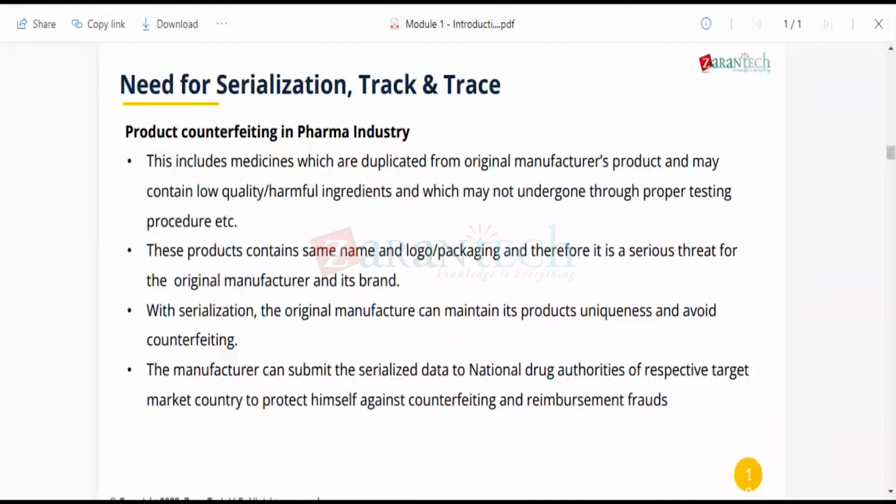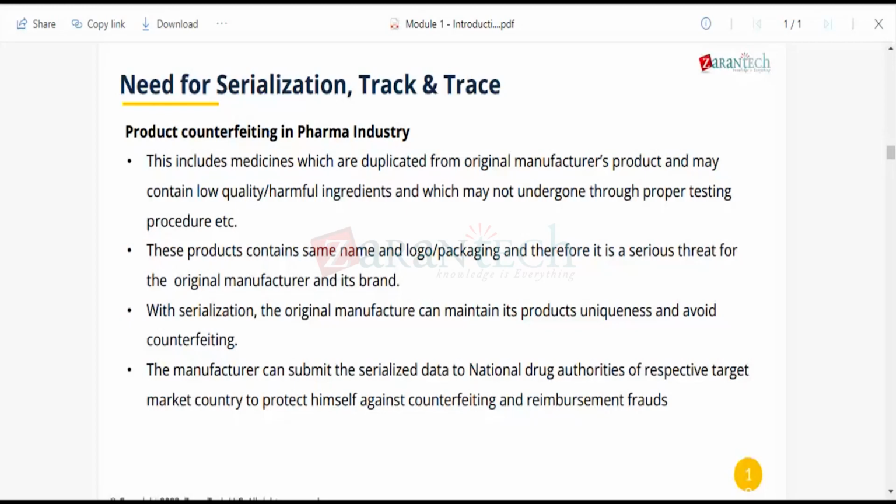Because they are small players, they cannot use the same costly components, so they manipulate the product but use the same logo and packaging. Therefore it is a serious threat to the company as well as to the patient.